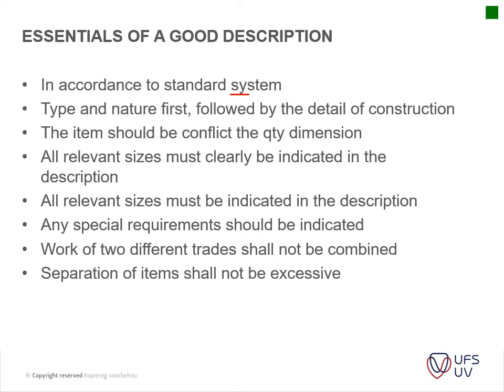Type and nature first. Okay, so you describe the type and nature first. You firstly say, okay, we're going to look at a door, and then you describe, okay, it's going to be a hollow core wall or solid wall door or whatever, followed by the detail of the construction.